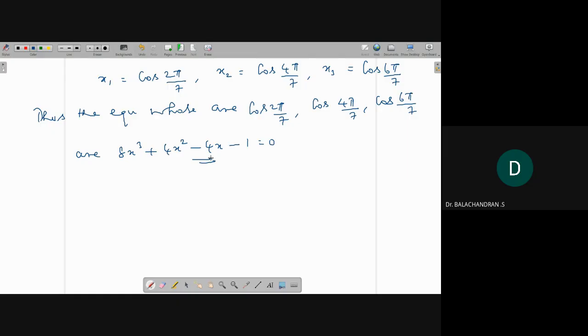So now I will give you a practice problem so you can try. Find the equation whose roots are sine k pi by 7, where k is 1 to 6, 1, 2, 3 up to 6.